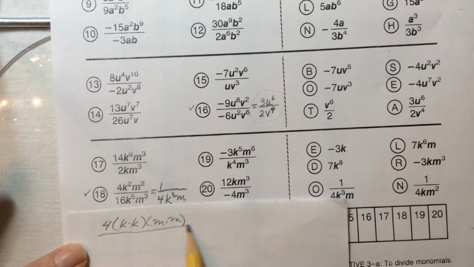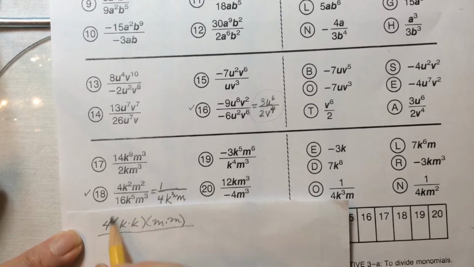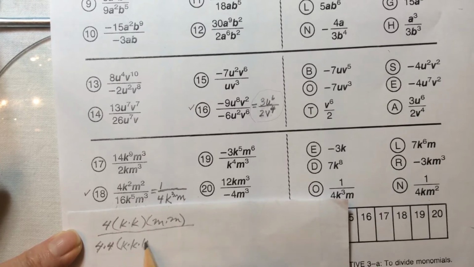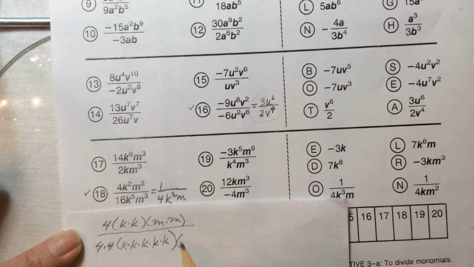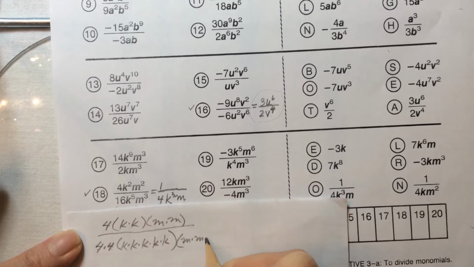And then below, we can factor this 16 by saying 4 times 4. 4 times 4 is equal to 16. And then the k's, k to the fifth power, k times k times k times k times k. And then we've got m to the third power, m times m times m.